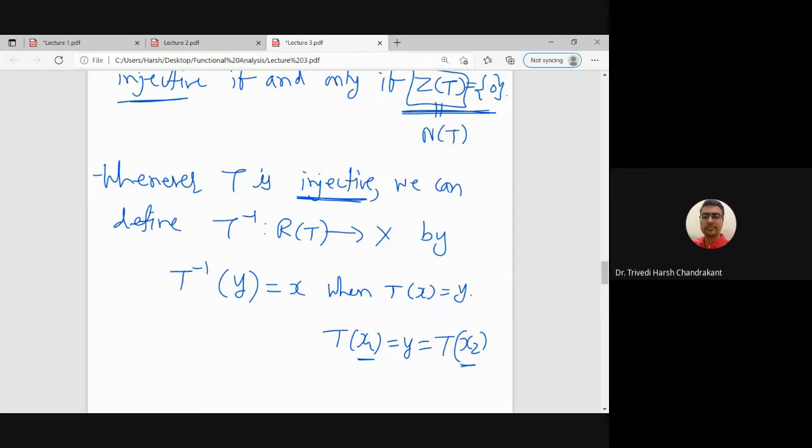Now we are assuming T is one-to-one, so X1 and X2 must be the same. So whenever there is a unique element X such that T of X is Y, we can define the inverse on the range using this relation.